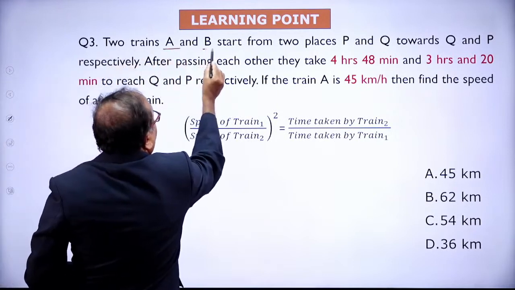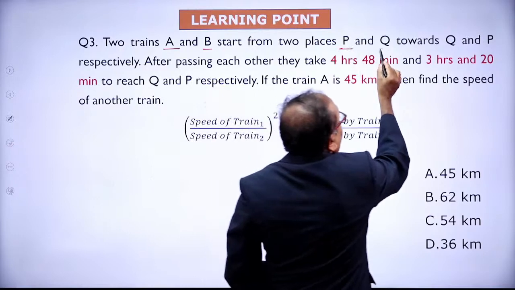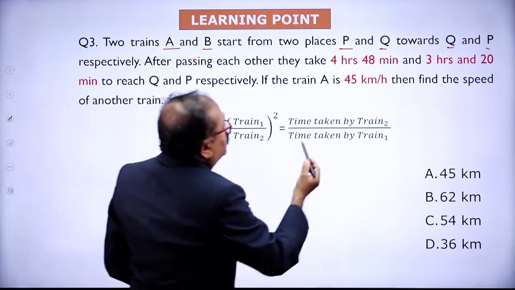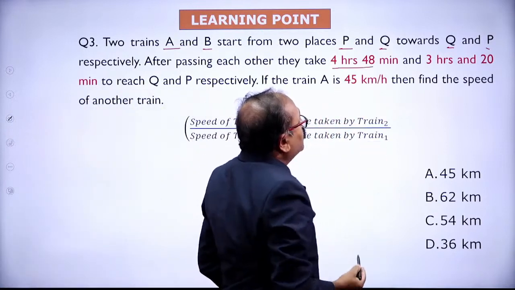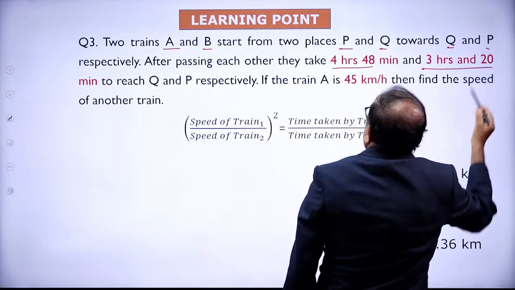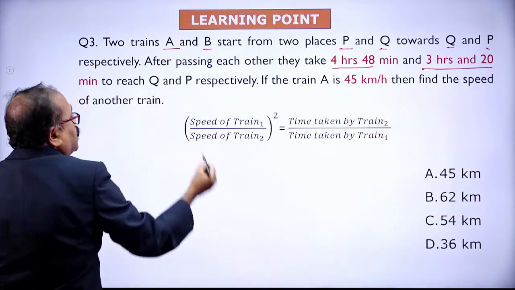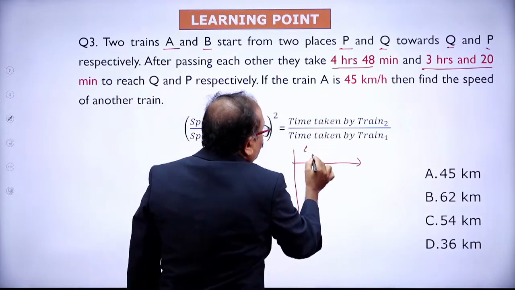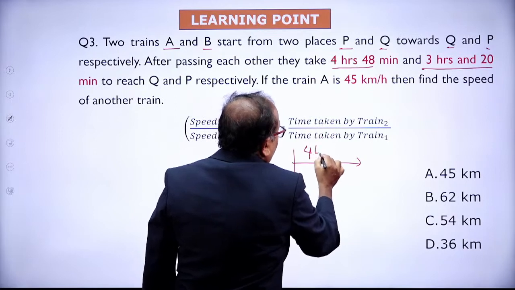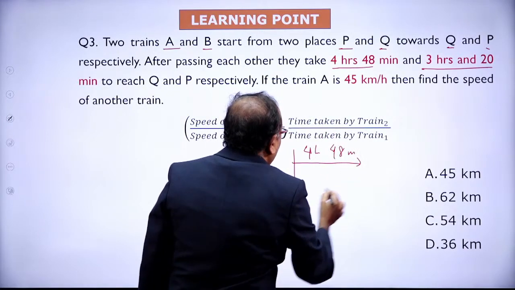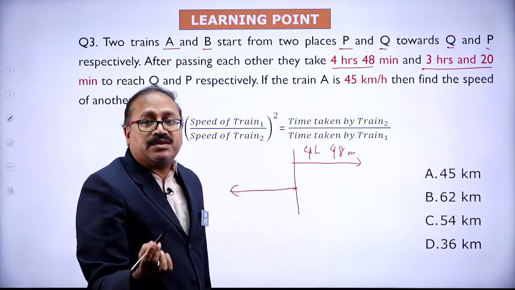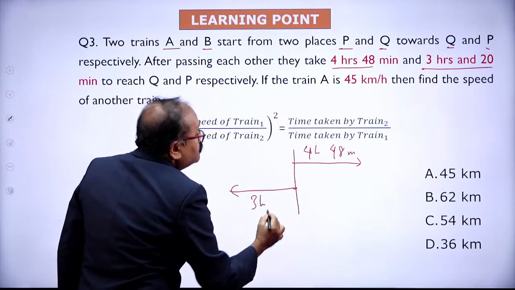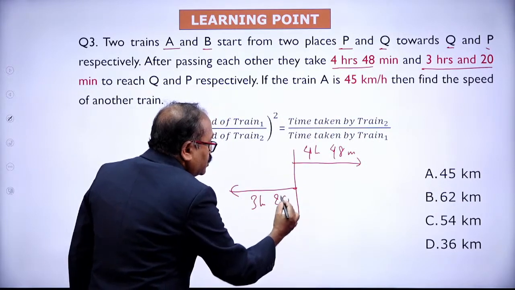For practice, I am giving one more question to you. A similar question is here. Trains A and B start from two places P and Q towards Q and P respectively. After passing each other, they take 4 hours 48 minutes and 3 hours 20 minutes to reach P and Q. After crossing, the first one takes 4 hours 48 minutes, and the second one takes 3 hours 20 minutes to reach its destination.